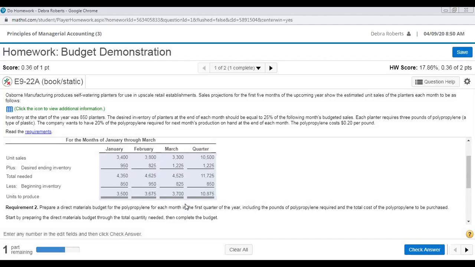Again, a master budget comprises a sales budget, a production budget, a direct materials budget, a cash collections budget, a capital expenditures budget, and also cash used or cash needed for your direct materials. Those budgets all together give you a master budget. That's what we're trying to get you to do: see what these budgets mean and how to use them, and then in total, what kind of picture the master budget gives you.